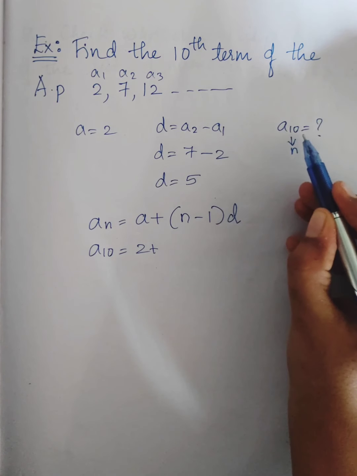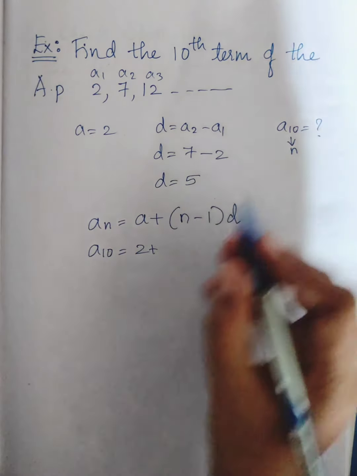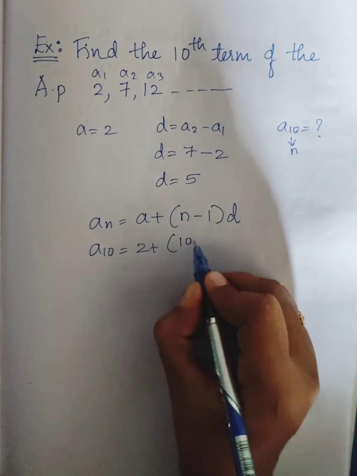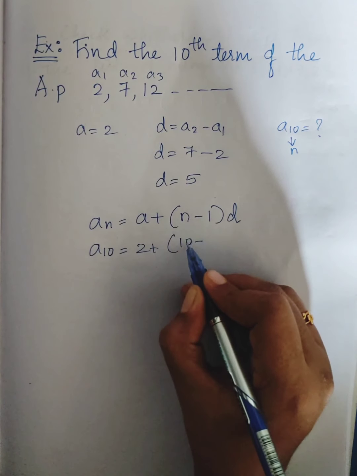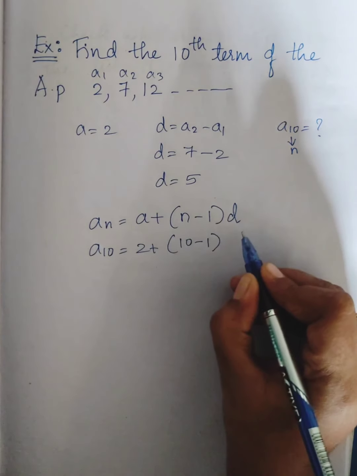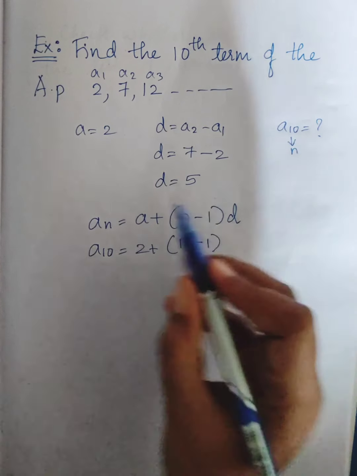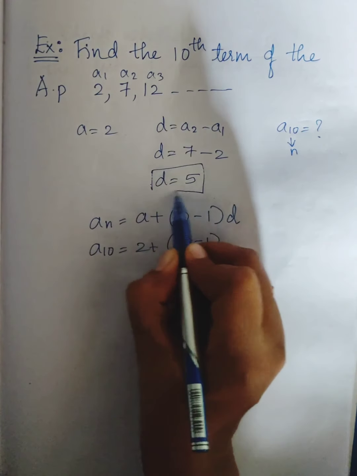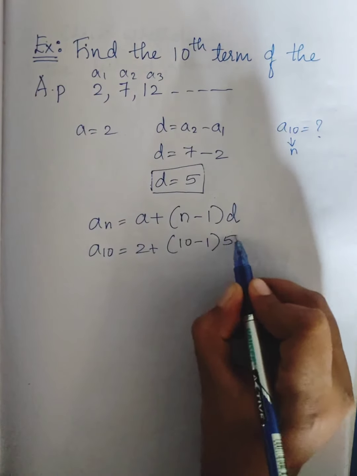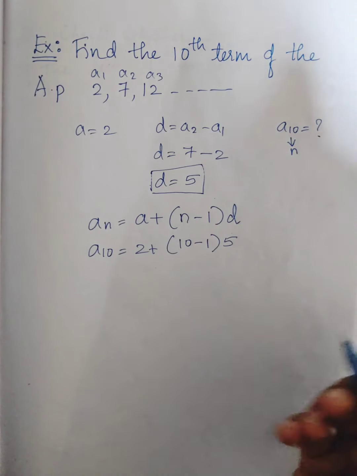The 10th term we need to find. So n is 10. I am going to substitute n as 10 minus 1. d is the common difference, which is 5, so I am going to write 5.